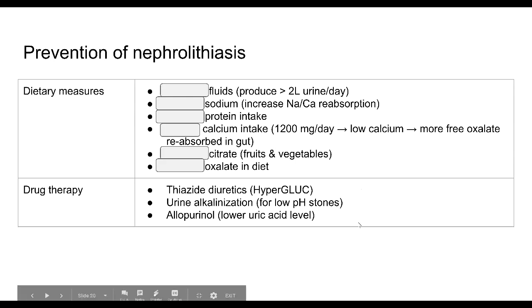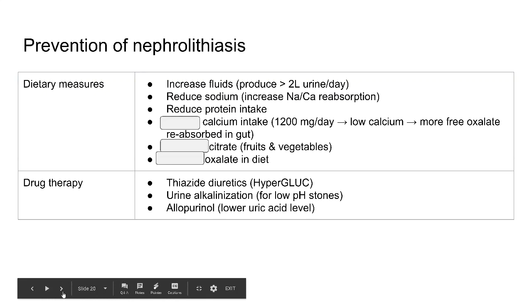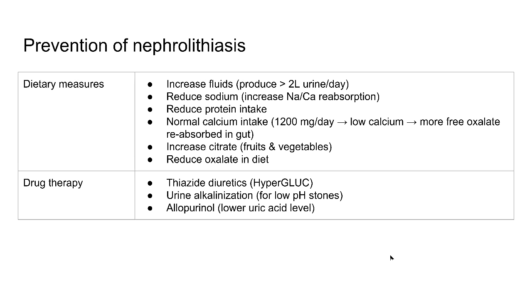So increase citrate. Just try to think it out a little bit because it's really confusing, right? So think about what's in the urine. You want a low level of calcium, a low level of oxalate, but you want a high level of citrate in the urine. So that's why you have to increase the citrate level, okay?